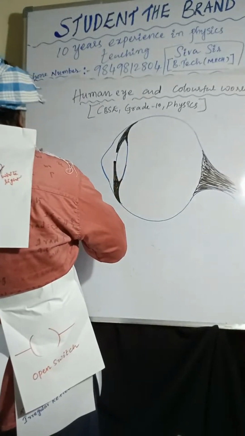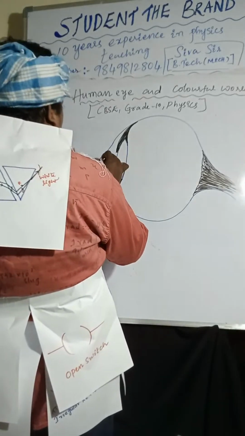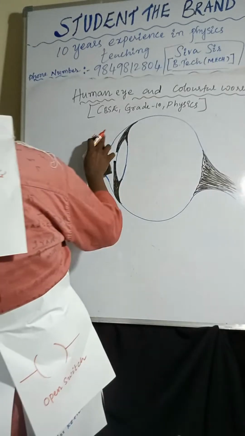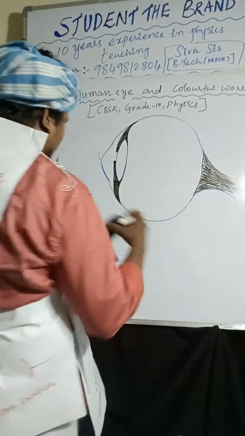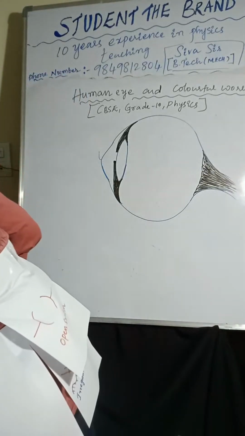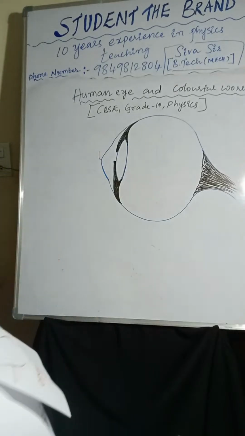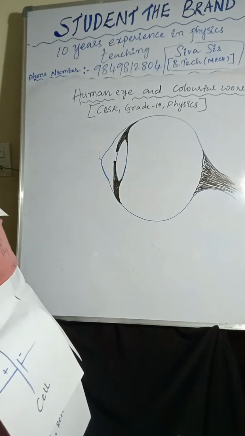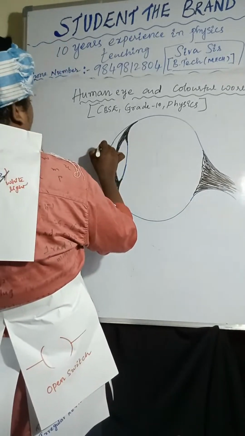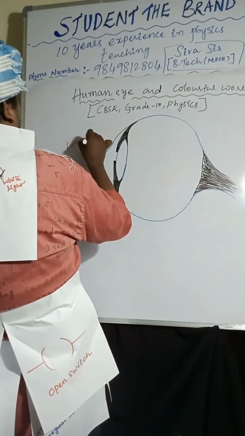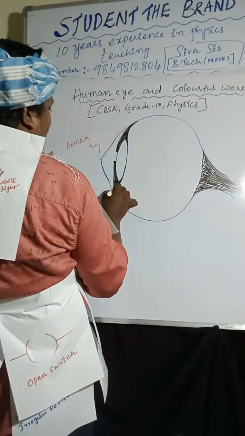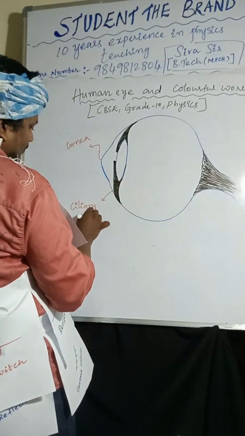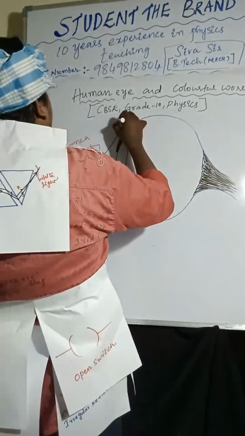So cornea, the front layer is called cornea. I'm taking these ciliary muscles, and here also ciliary muscles.